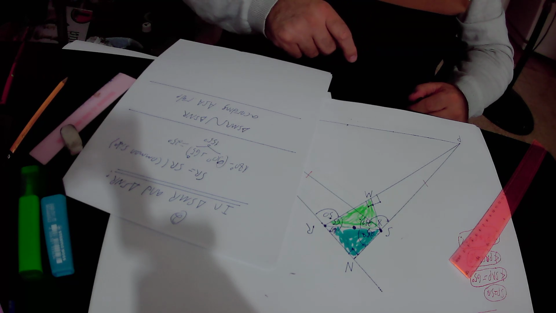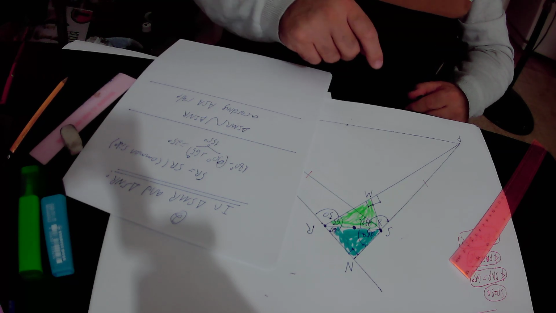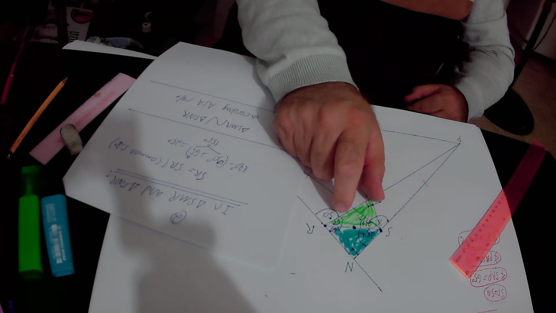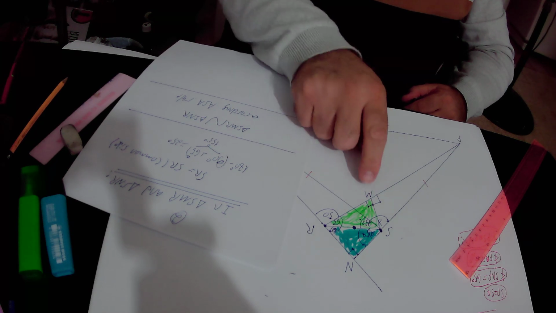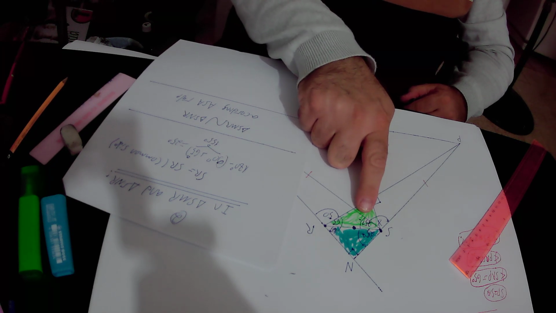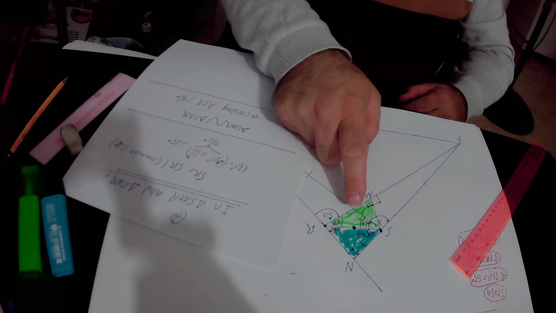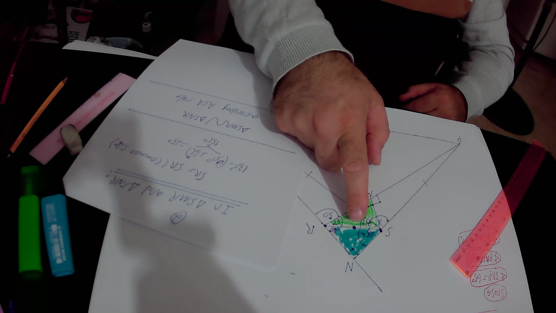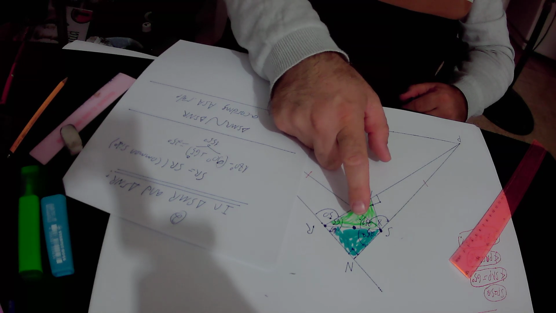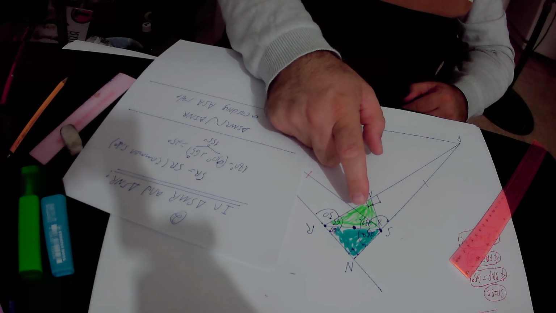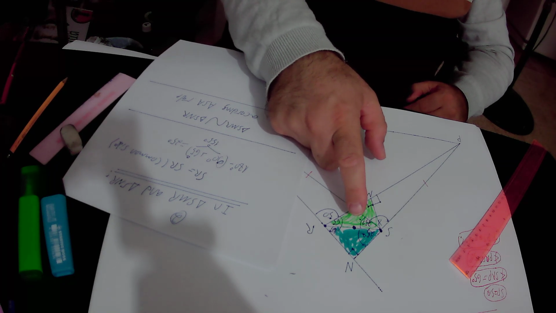And we actually proved even more than that. We proved not only that the two angles attached to SR in the green triangle are equal to the two angles of the blue triangle, but we actually proved that all the angles in the green triangle are equal to all the angles of the blue triangle.